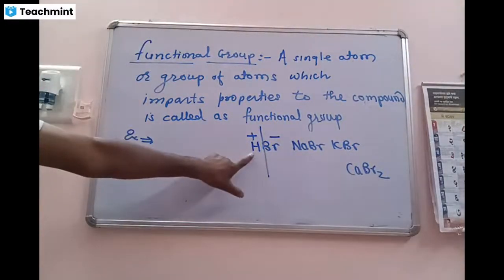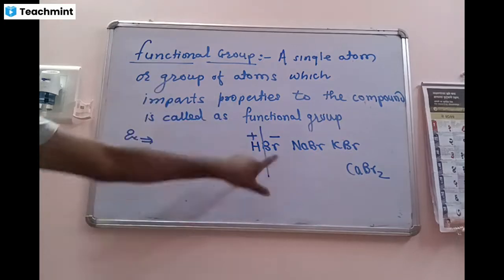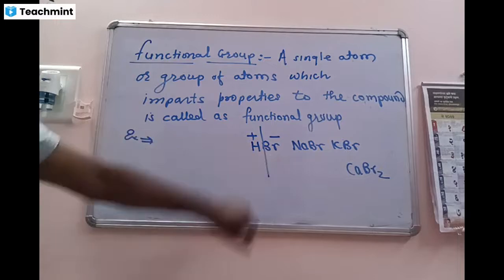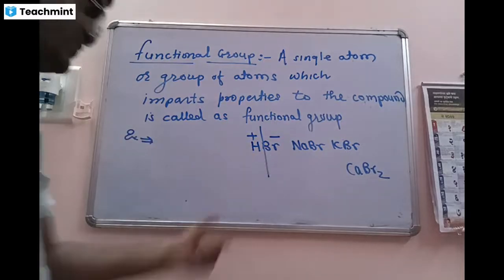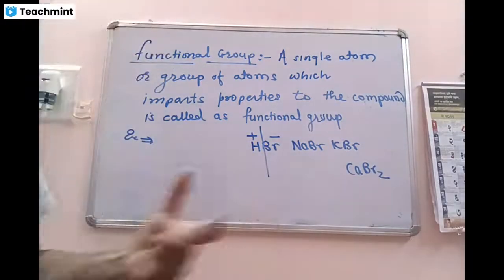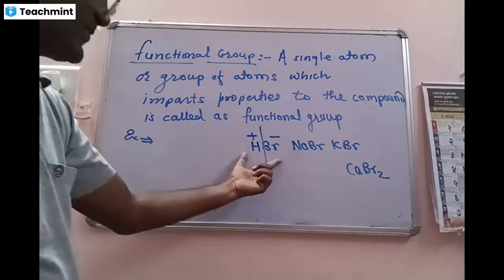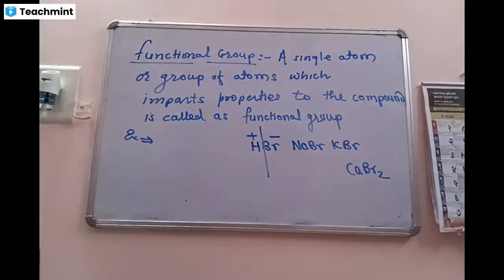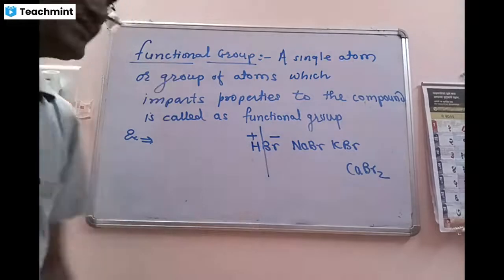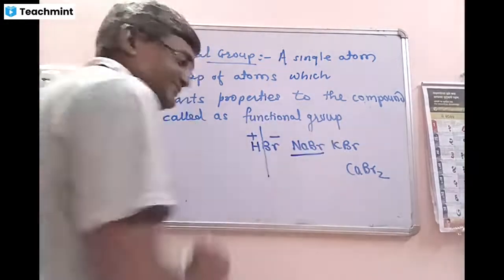Why does this have a positive charge? Because it loses electron. Right. And why does it have a negative one? Because it gains electron. So it carries a negative charge. So what should be the name of this? Hydrogen bromide. Yes, correct.